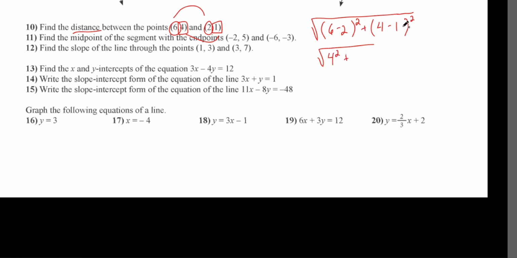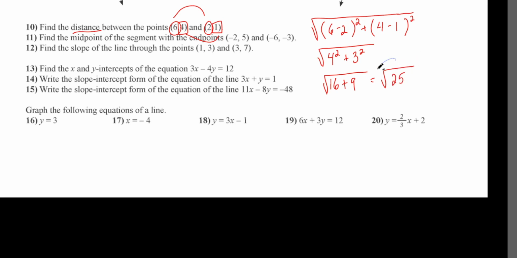Plus 4 minus 1 is 3, and we're going to square that. Most of you, if you got to this point, you probably got it right. 4 squared is 16, plus 3 squared, 3 times 3, which is 9. Square root of 16 plus 9. What's 16 plus 9? It's 25.